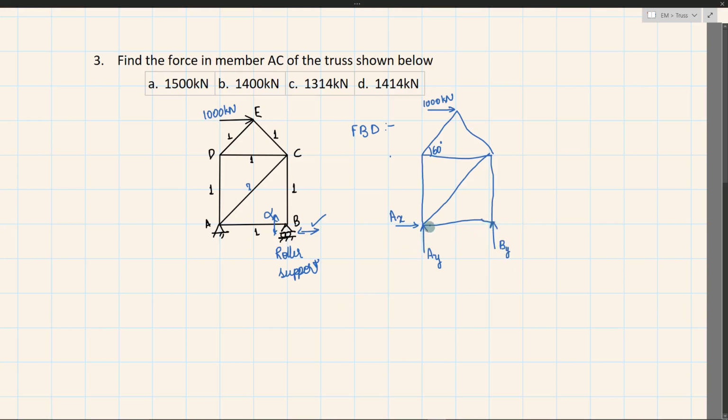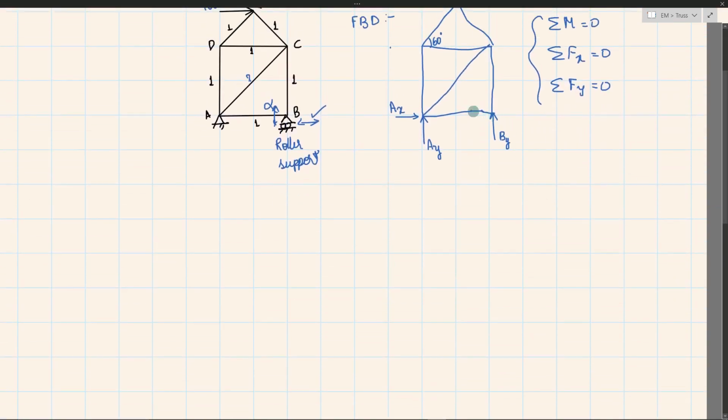Okay, so after this I can apply the equations of static equilibrium, that is sigma M at any point in this member will be equal to 0, sigma Fx equal to 0, and sigma Fy is equal to 0. Usually we'll have to apply the moment at this point, right?